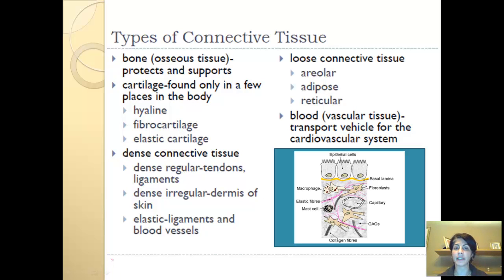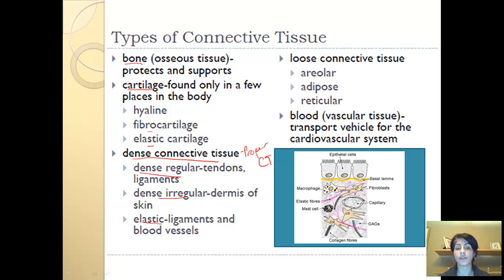The different types of connective tissue are bone, which is also known as osseous tissue; cartilage, and there are three types: hyaline, fibrocartilage, and elastic cartilage; and dense connective tissue, which is referred to as proper CT or connective tissue. Dense regular refers to tendons and ligaments. Dense irregular refers to something like the dermis of the skin.